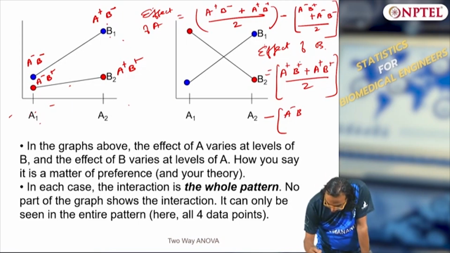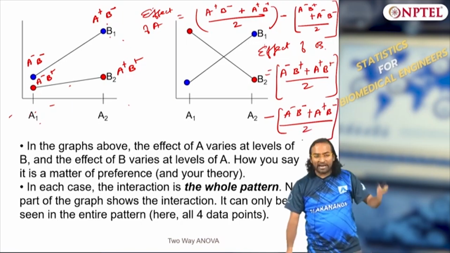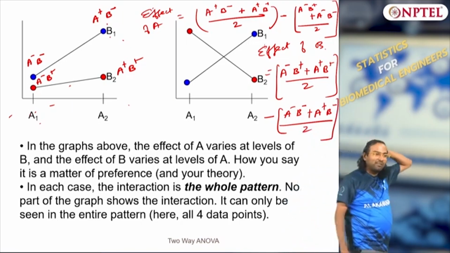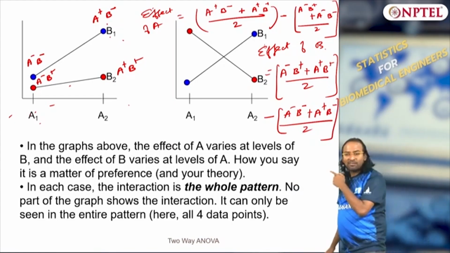A positive, B negative. I am looking at the effect of B, right? Now A negative, B negative plus A positive, B negative divided by 2, right? This is my effect of B. Please pay attention. If you are not able to follow me, let me know. Is this making sense?